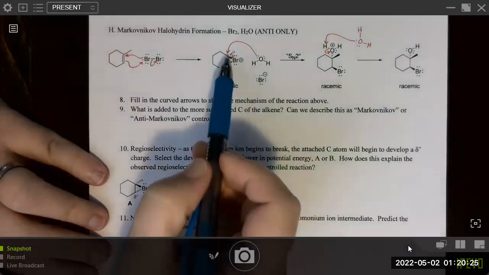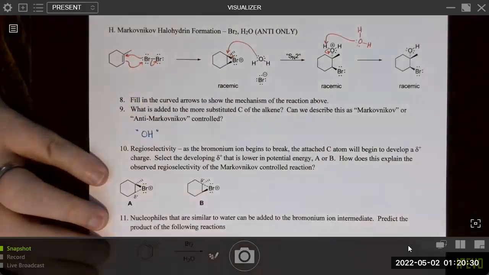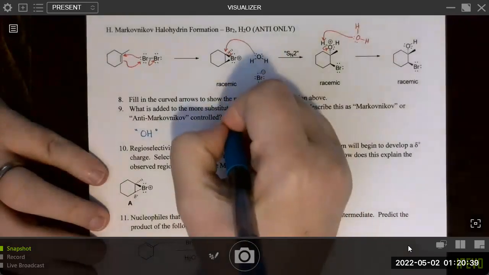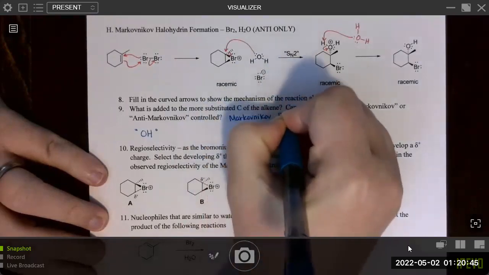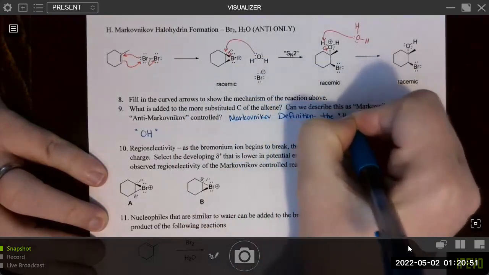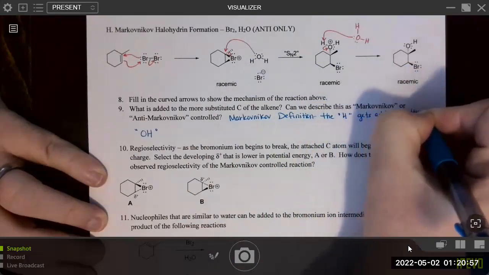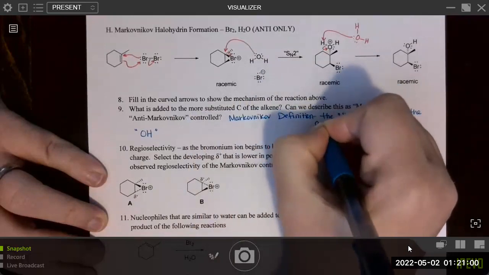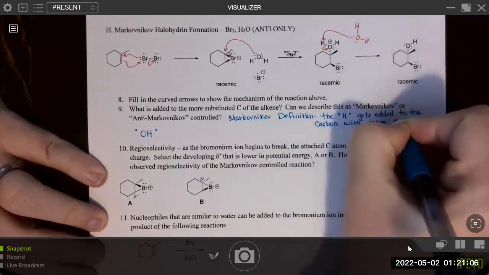So here, what gets added there is an OH group, right? And can we describe this as Markovnikov or anti-Markovnikov controlled, right? Well, technically the definition of Markovnikov is the hydrogen gets added to the carbon with more hydrogen, right?